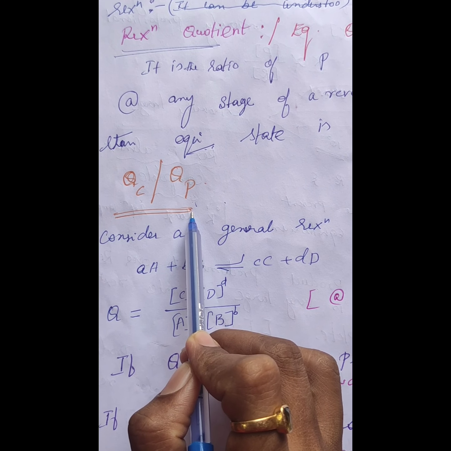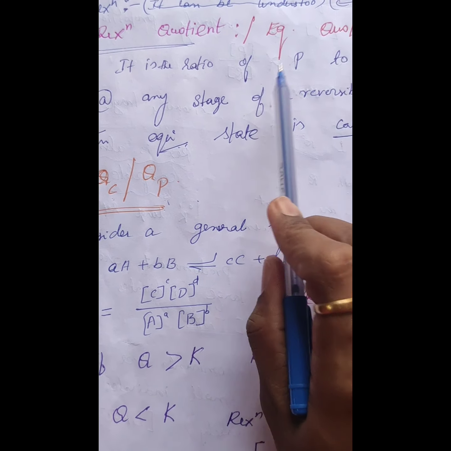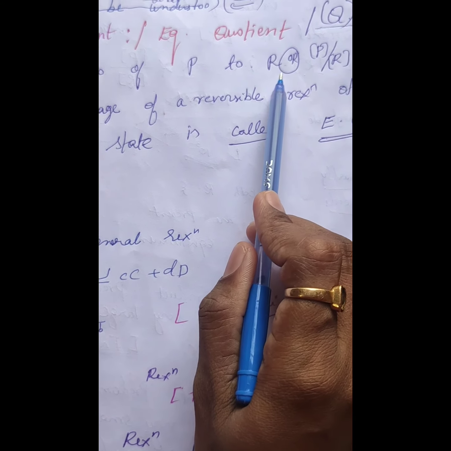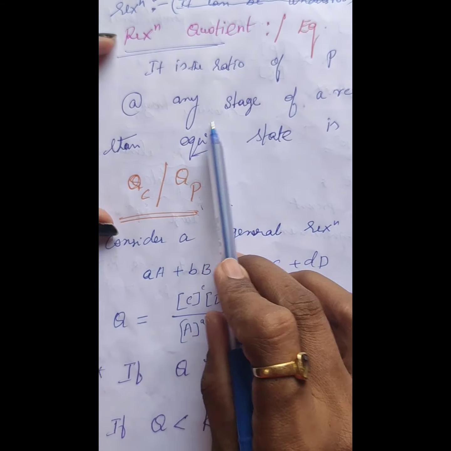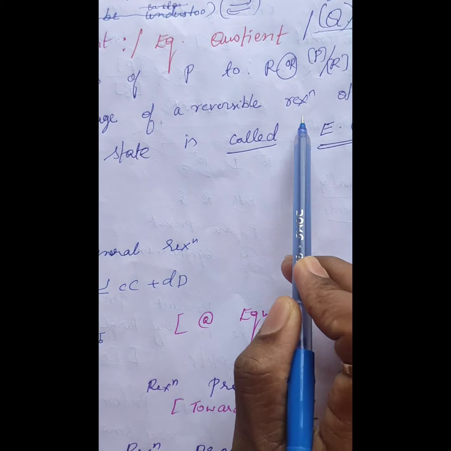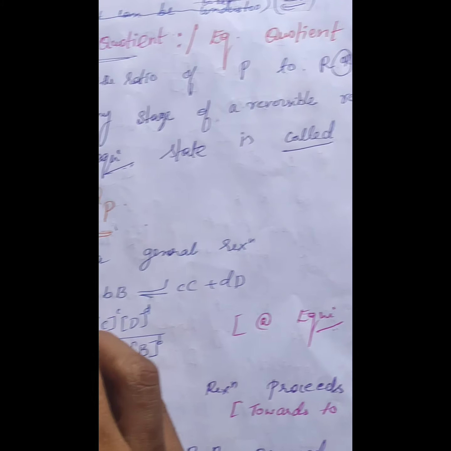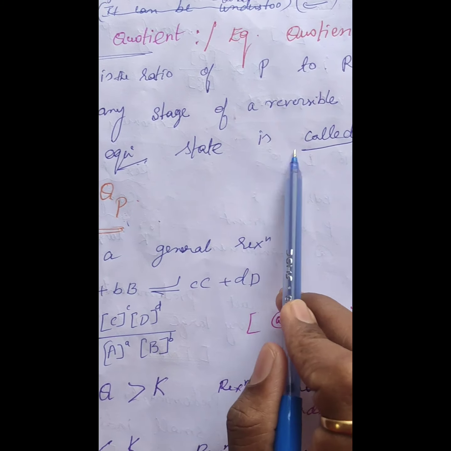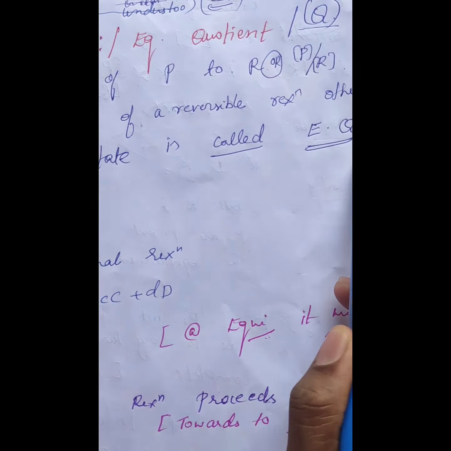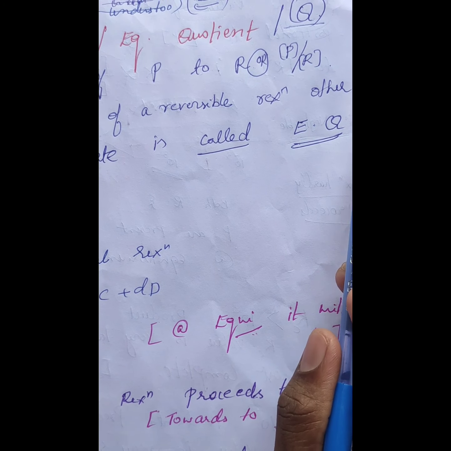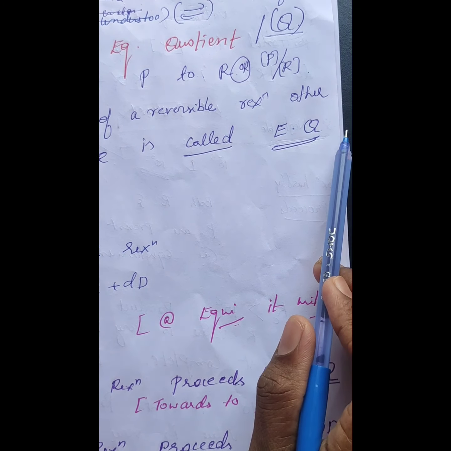Very simple. It is the ratio of product to the reactant at any stage of a reversible reaction other than the equilibrium state. I have written here EQ stands for equilibrium quotient, or it is also called reaction quotient.